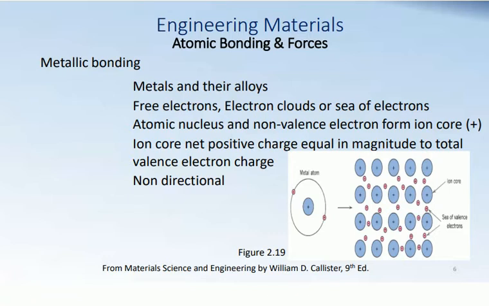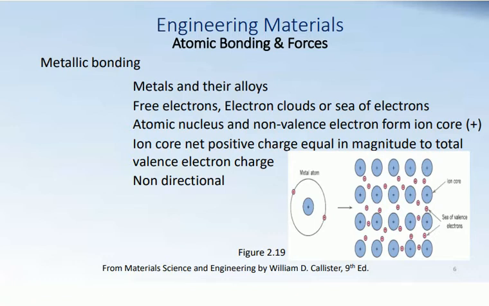These electrons are not taken as bound to just one particular atom, but they are taken as belonging to the metal as a whole, as a sea of electrons. And these electrons carry negative charge.